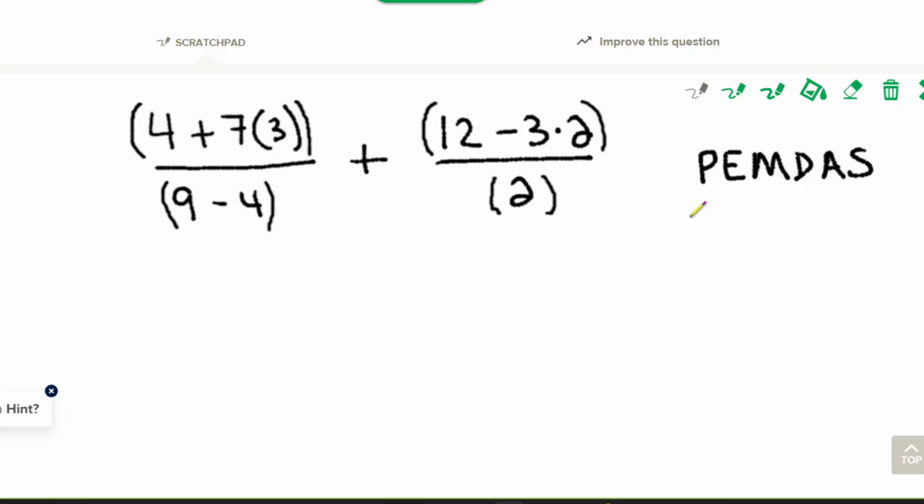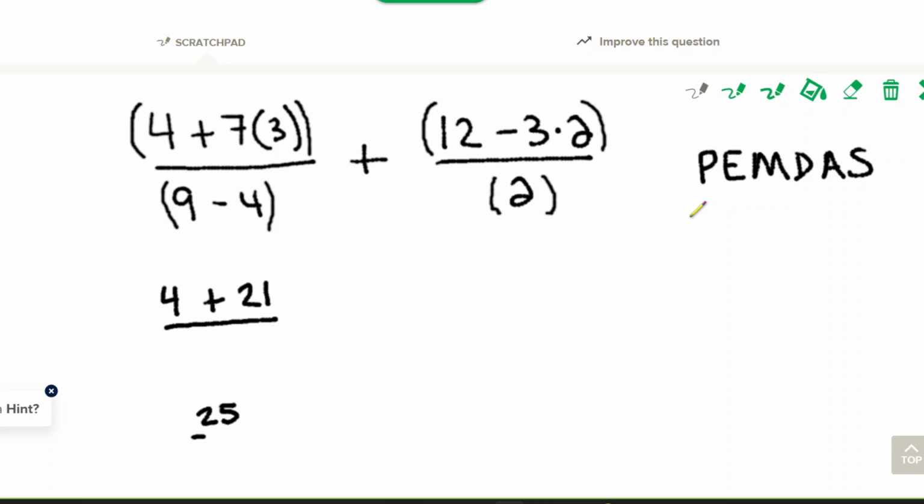The first thing I'm doing in there is the multiplication. So that'd be 4 plus, and then 7 times 3 is 21. And then 4 plus 21 is 25. All right, so that's the numerator of the first fraction.